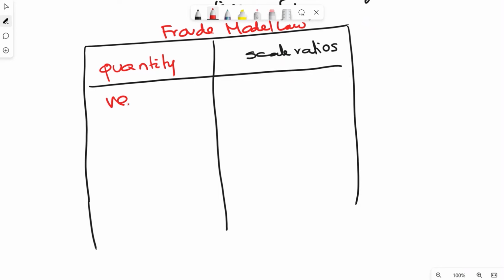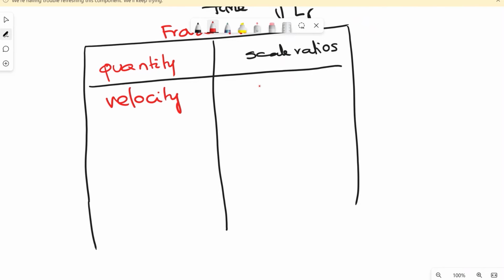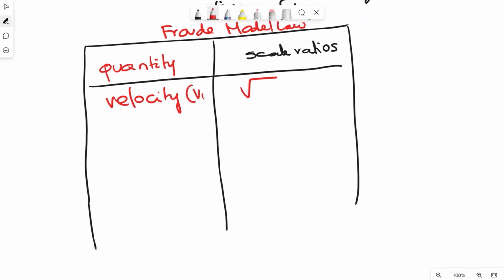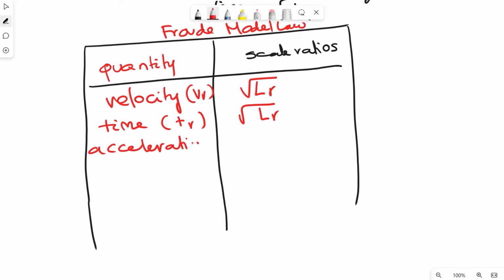First one is velocity: VR is equal to root LR. Then time: TR is equal to root LR. Third one is acceleration, which is equal to 1. Fourth one is discharge, which is LR to the power of 2.5. Then after discharge, force.